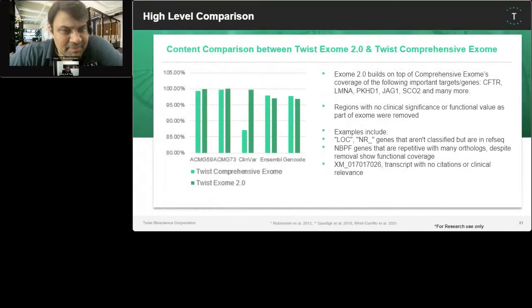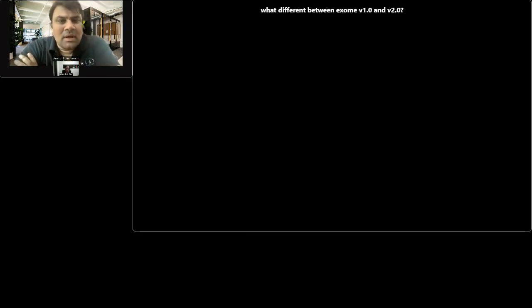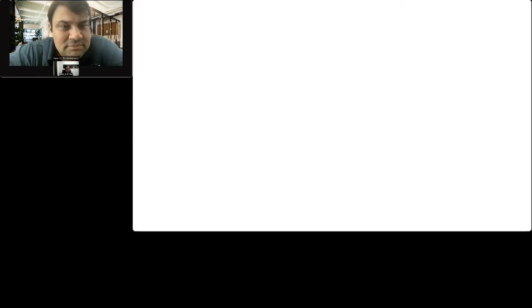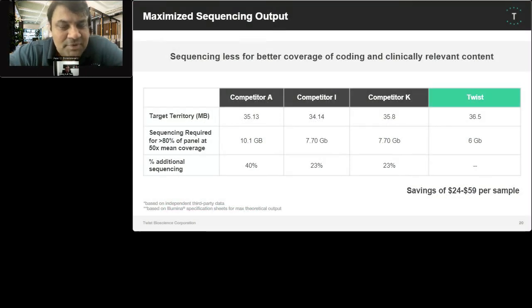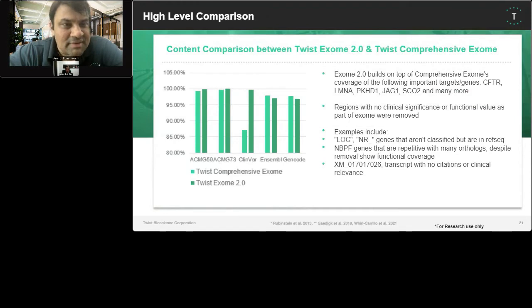As I mentioned in the talk, Twist Exome 2.0 is built on our Twist Comprehensive Exome.